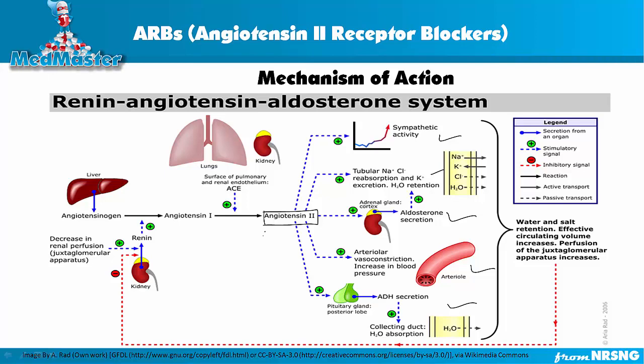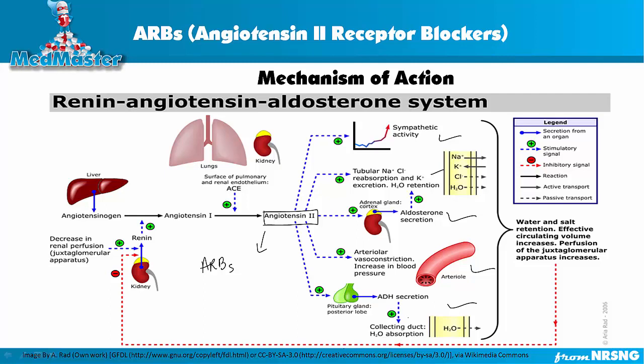Now, angiotensin 2 receptor blockers block the receptors of this angiotensin 2. So whenever we have this angiotensin in our blood, it's not going to be able to bind to those receptors and produce these effects, which is going to do the totally opposite of those effects.